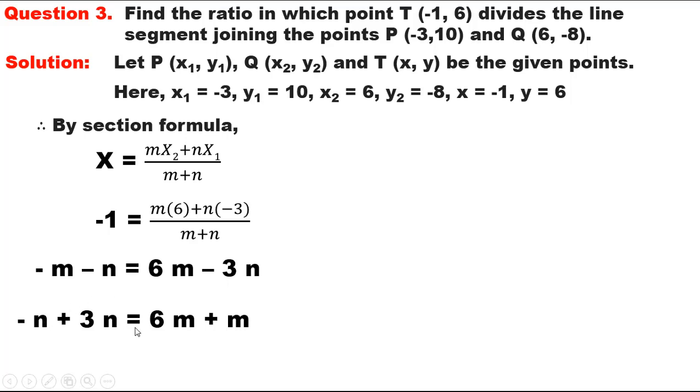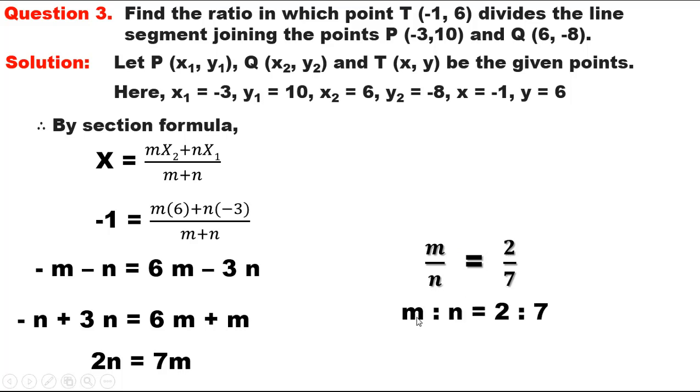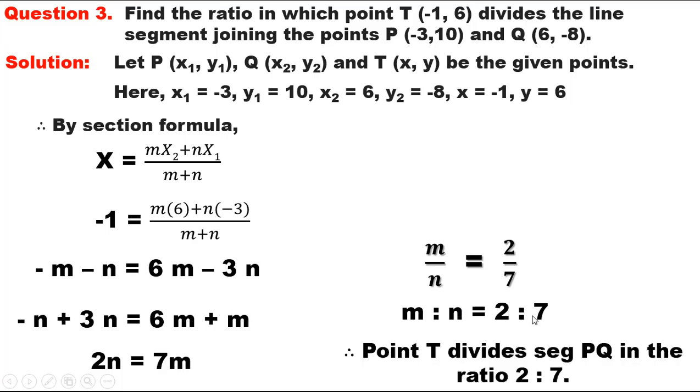Minus n plus thrice n is equal to 6m plus m. Twice n is equal to 7m. Therefore, m upon n is equal to 2 upon 7. So m is to n is equal to 2:7. The point T divides the segment PQ in the ratio 2:7.